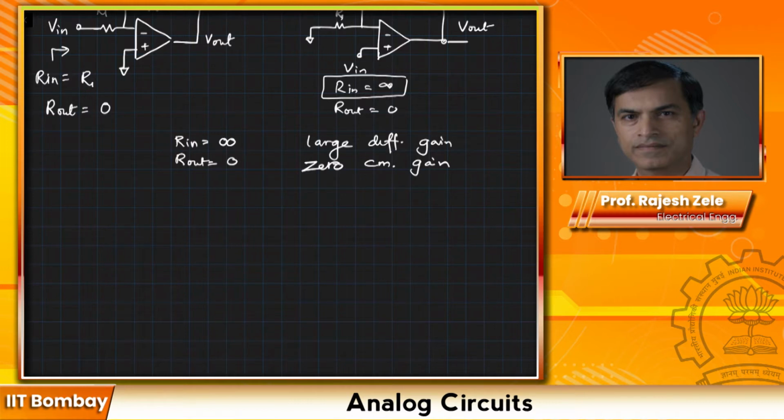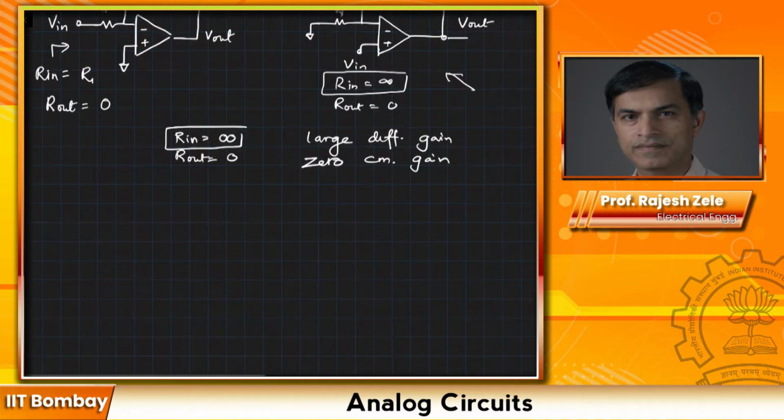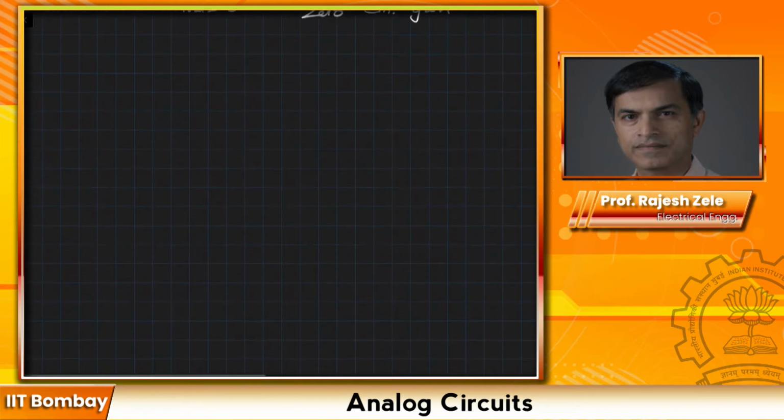Of course, if we want Rin to be infinite, then our best choice is to use this circuit. So I'm going to draw this in a slightly different fashion, and then you will realize what I'm trying to do. If you're watching this video, you should have a good notebook with you all the time. Whatever we are doing in the classroom setting, you should also draw pictures in your notebook.